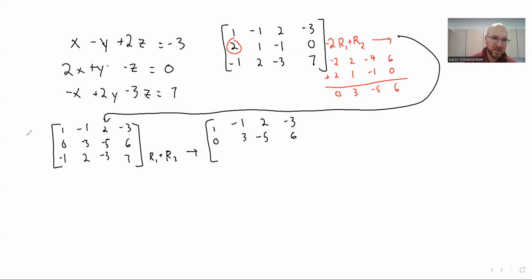So I'm going to just add them up. 1 plus -1 is 0. That was my objective. The rest of it has to be how it goes. -1 plus 2 is 1. 2 plus -3 is -1. -3 plus 7 is 4.